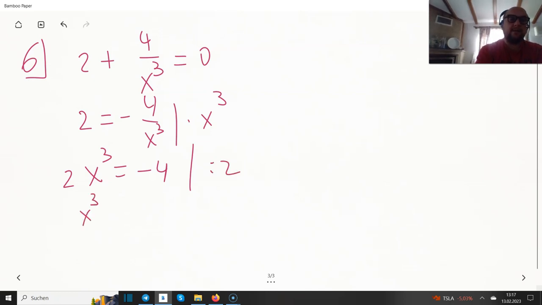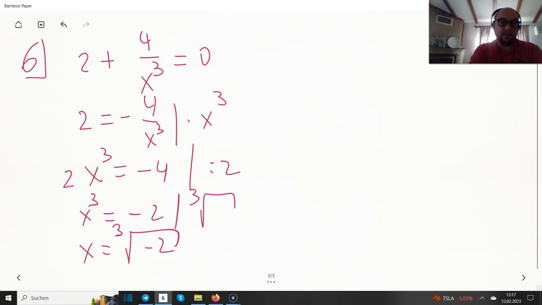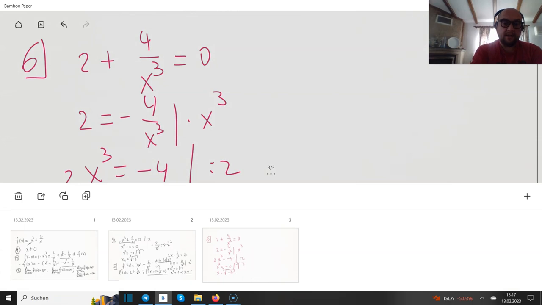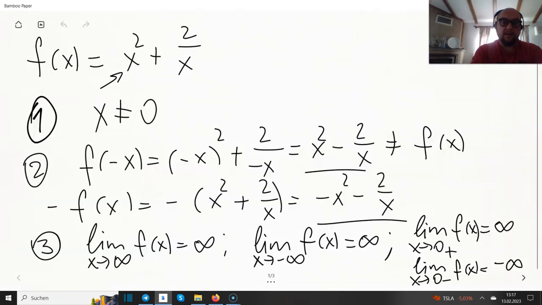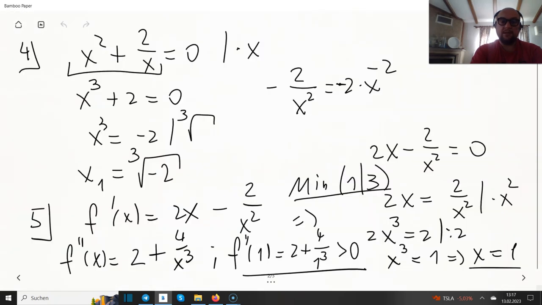We're going to get x cubed equals to minus 2, and we're going to take cubic root out of that, and x, once again, just only one value is a cubic root of out of minus 2. Let me check if everything is all right. Seems to be fine. So was that the same as the 0 point? And the answer is yes.